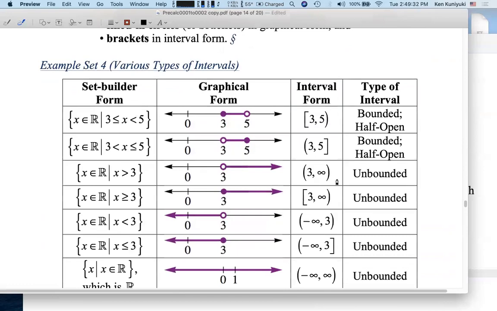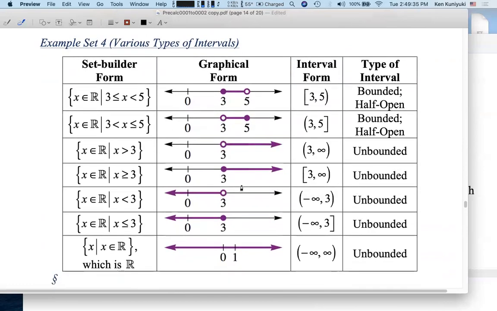Let's look at this whole gallery of intervals. I'm glad I don't have to write this on a chalkboard. Okay, you can have intervals that are bounded and half open and half closed. For example, this interval includes 3 and excludes 5. So in interval form, it looks like that. Here, it's vice versa. You exclude the 3 and include the 5. Here, we have an unbounded interval, open interval, all real numbers greater than 3, shooting off towards infinity.